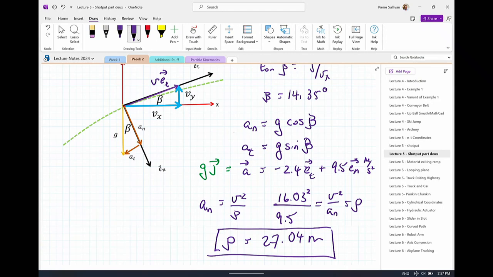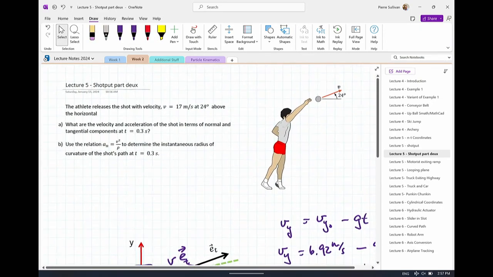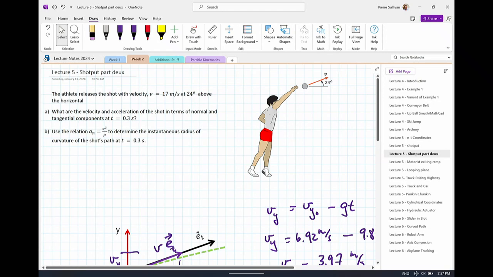Go ahead. Yeah. So the difference between the first part of the question and the second part of the question was the first part looked at the high point. The second part took a time somewhere along the path of motion.